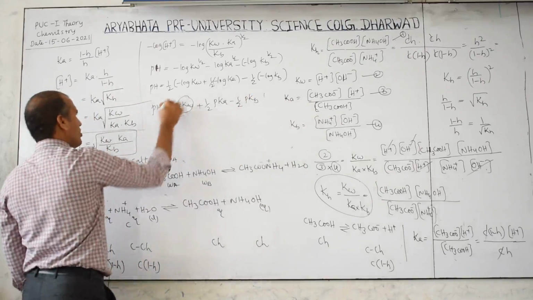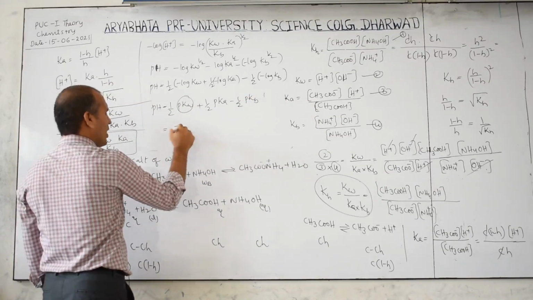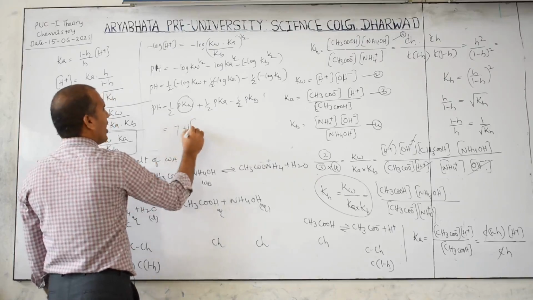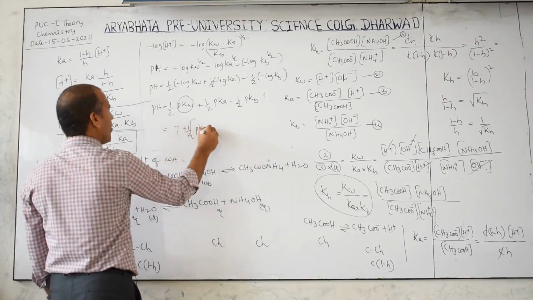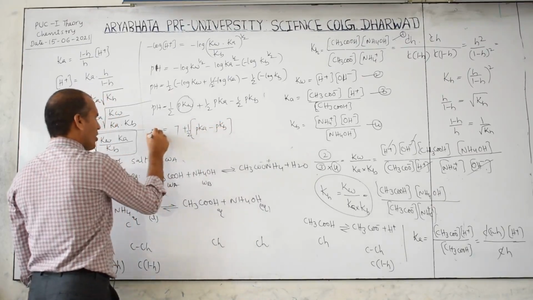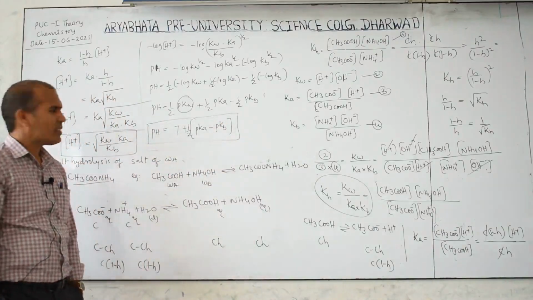This value is 14 by 2, directly I am writing 7, plus half taken common, pKa minus pKb. This is the formula for calculation of pH of a salt of weak acid and weak base.